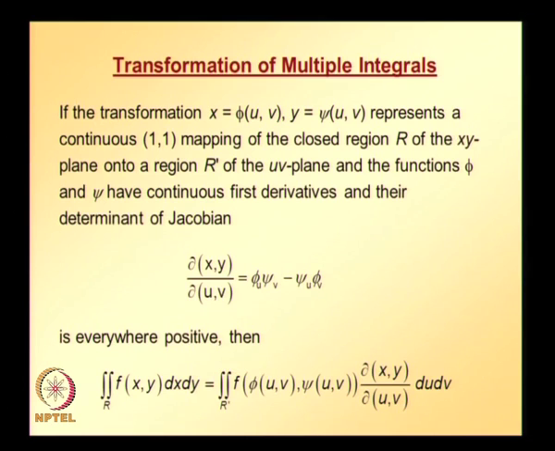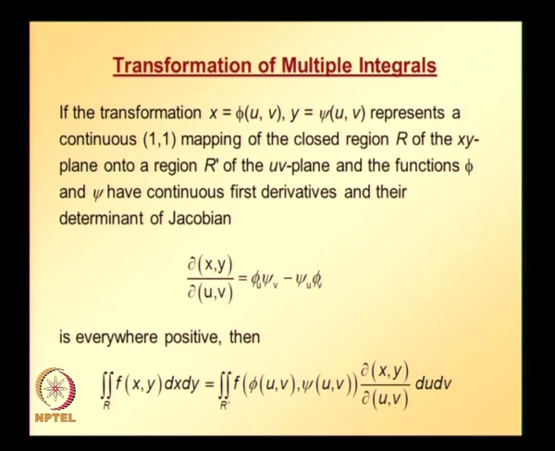So this kind of transformation we can use to transform the limits of integration from one set of values to another set of values. So this formula may be of help when we are evaluating multiple integrals.